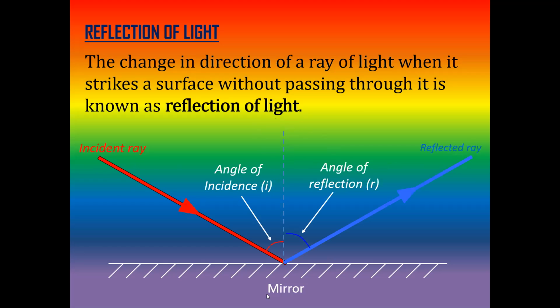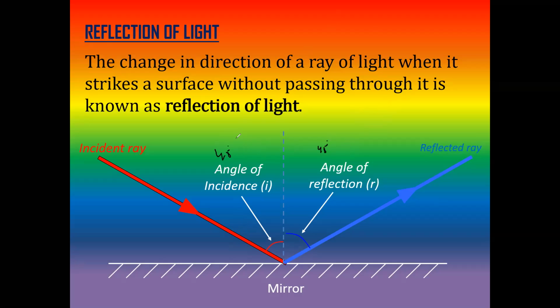According to the law of reflection, the angle of incidence must equal the angle of reflection. So if the angle of incidence is 30 degrees, the angle of reflection should also be 30 degrees. If the angle of incidence is say 45 degrees, the angle of reflection is also 45 degrees.